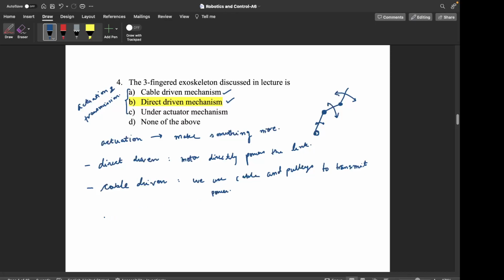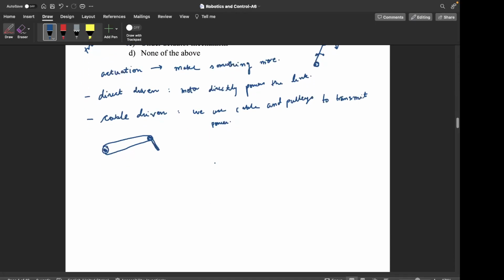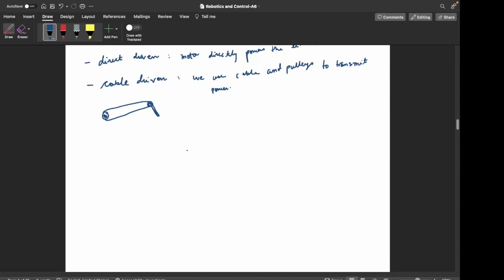So you can think of it as the motor is here, and there is a cable going over a pulley here, and here is the link, right? So something like this. So, especially talking about this three-fingered exoskeleton, what are the pros and cons of each of these?